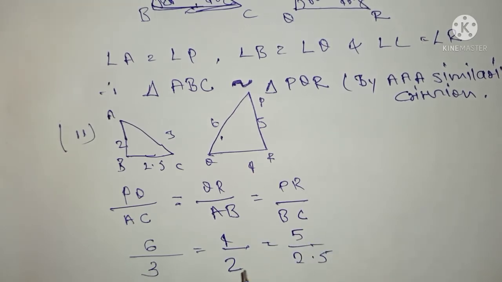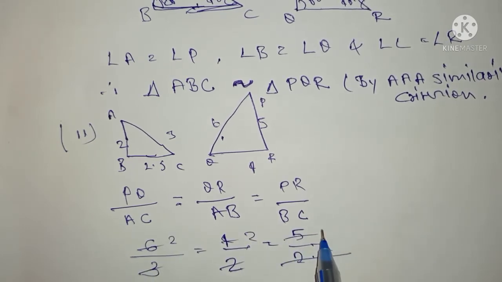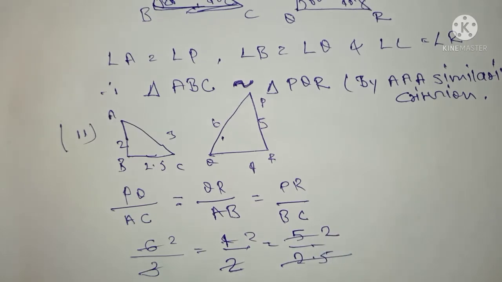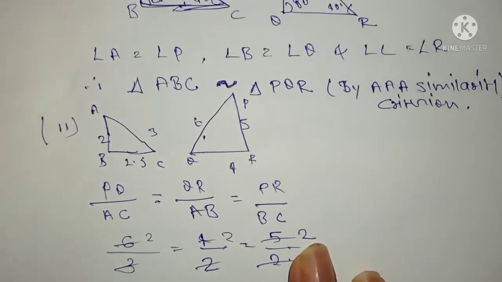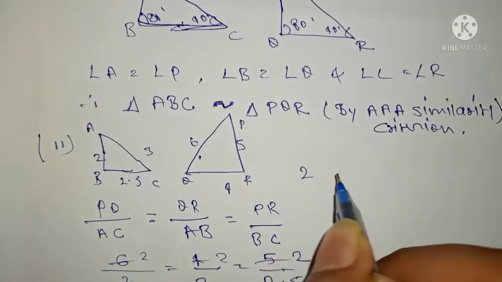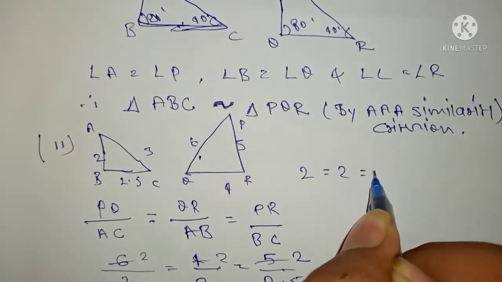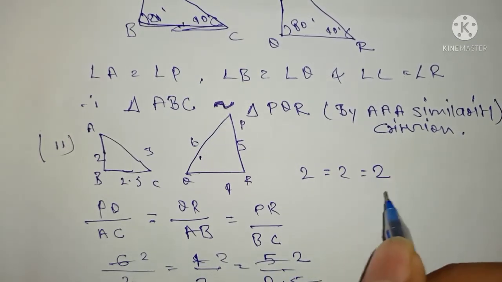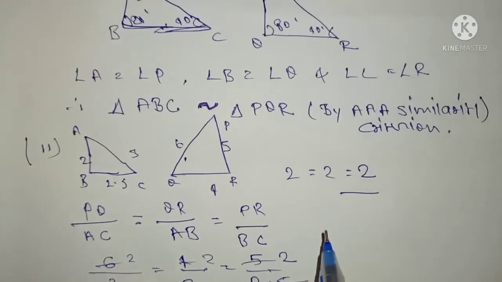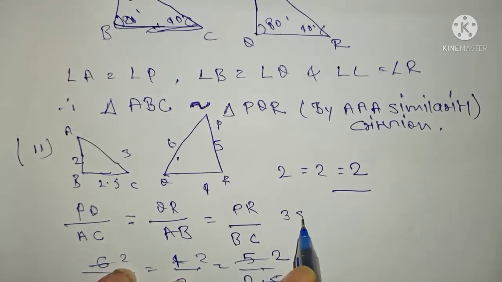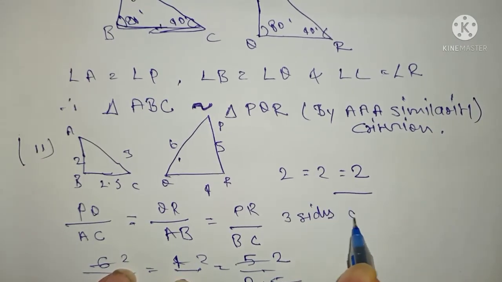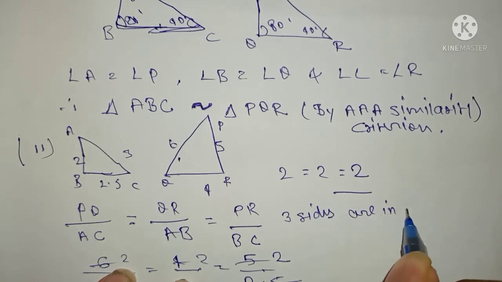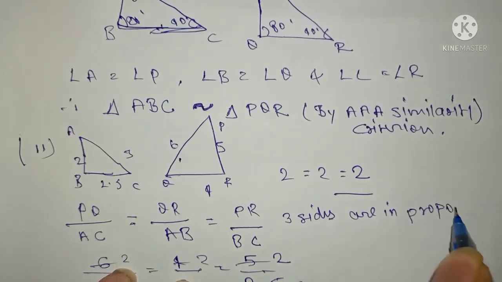So these all are giving 6 by 3 is 2, 4 by 2 is 2, 5 by 2.5 is 2. So we conclude that 2 is equal to 2 is equal to 2, which means the three sides are in proportion.